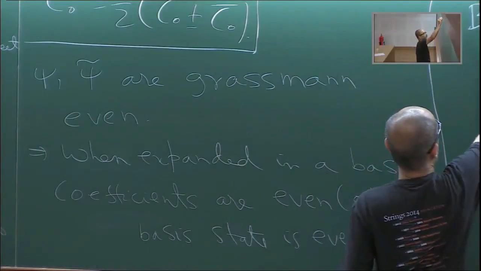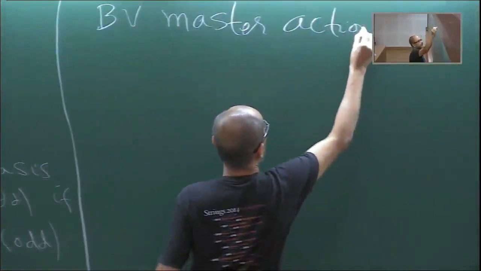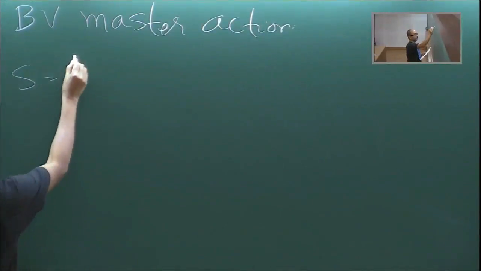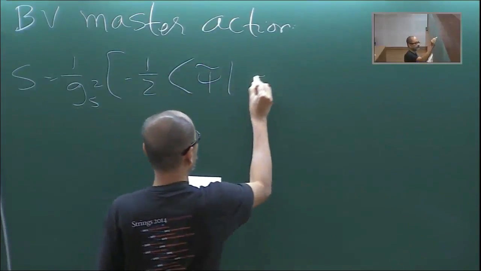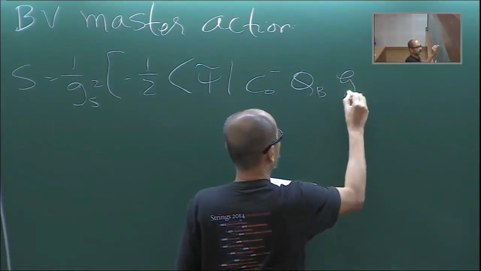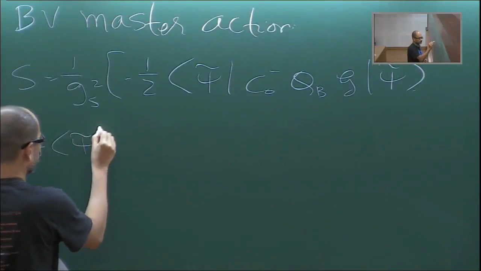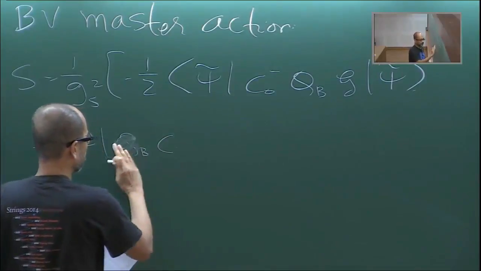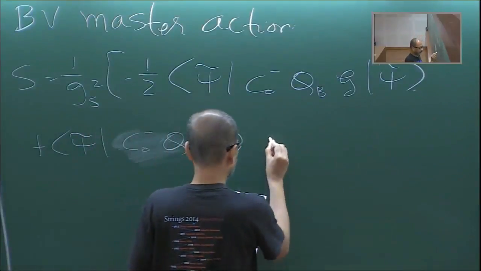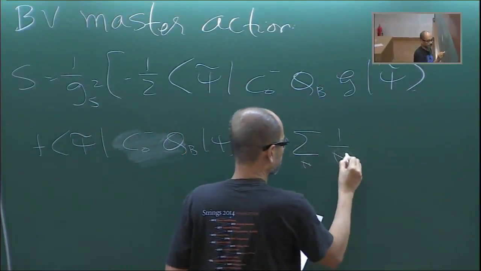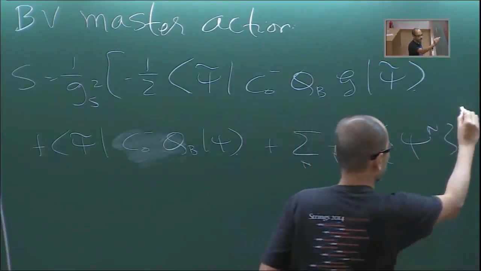Then in terms of these, we wrote down the BV master action of string field theory, which is the structure shown here.